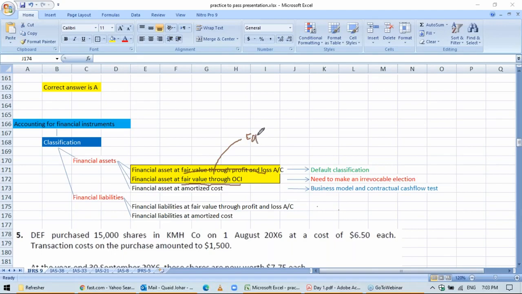The amortized cost category cannot be used for equity investments, right? Because for using the amortized cost category, you have to hold the instrument till redemption, and you all know that ordinary shares for equity investment are irredeemable, so their redemption time is not certain. So equity investment would never fall under financial asset at amortized cost, right?